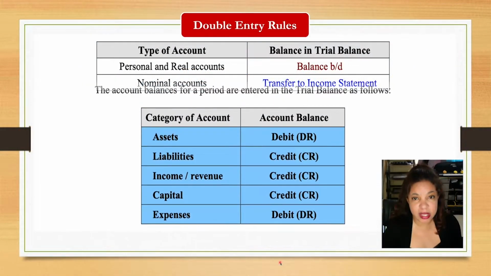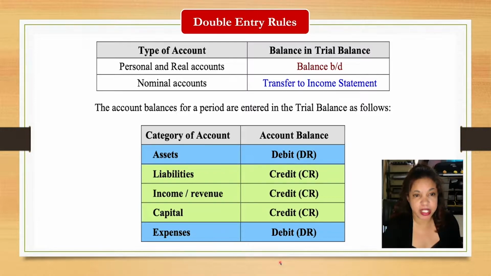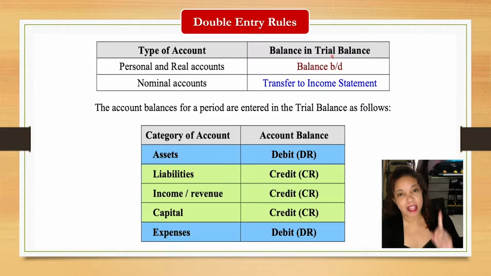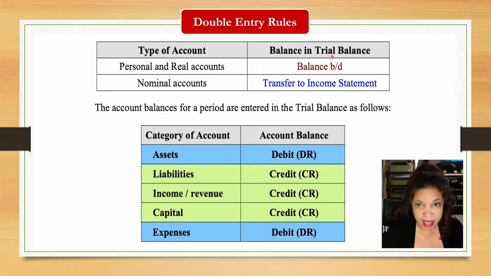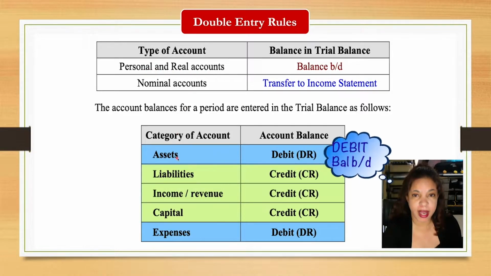The real and personal accounts, with your balance brought down on the debit side, would be your assets and your expenses. Now, sorry, let me correct that. Your balance brought down for personal and real accounts would be your assets only.